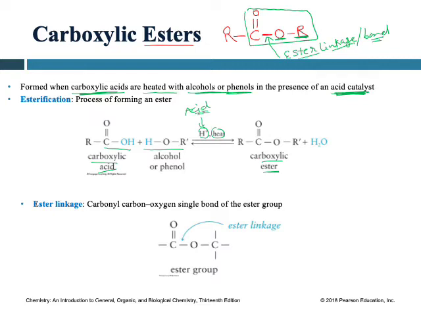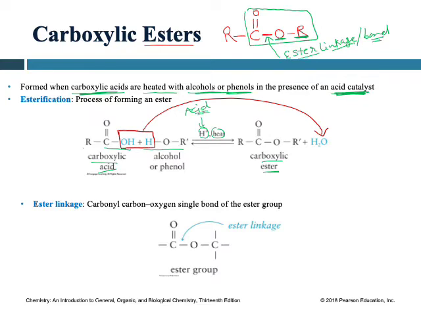So this is a carboxylic acid. The OH from the carboxylic acid and the hydrogen from the alcohol get removed from the molecules and are converted into water, and then the remaining parts of the carboxylic acid and the alcohol combine together. So what is left?